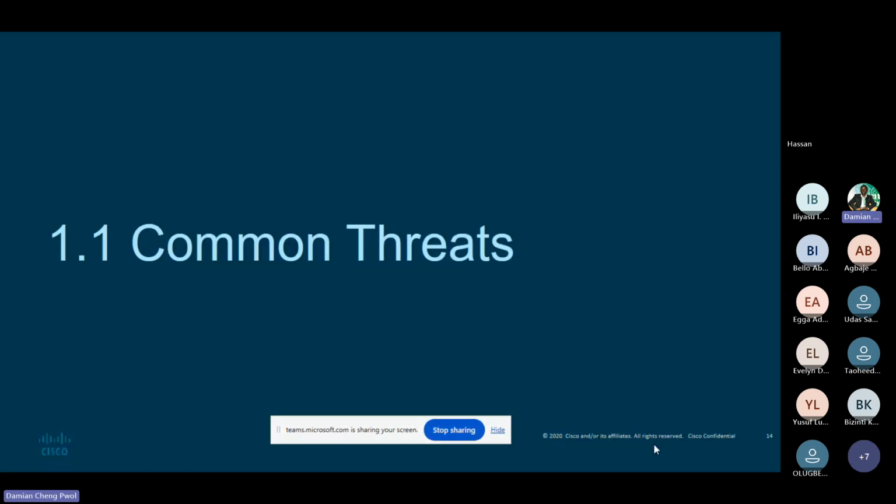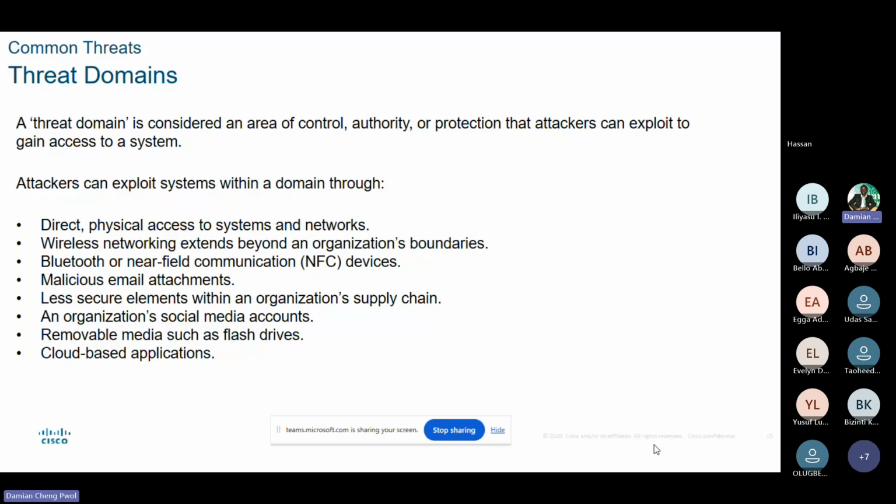So, common threats: threat domains. A threat domain is considered an area of control, authority, or protection that attackers can exploit to gain access to a system. So that's the domain. It's an area.